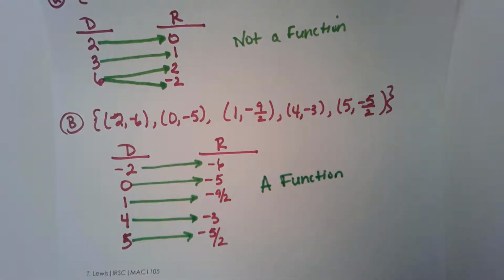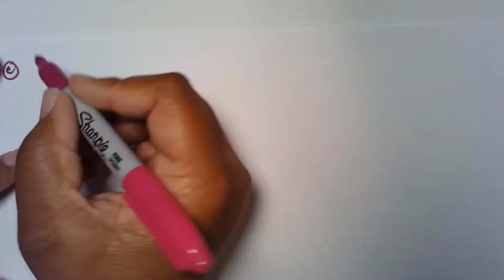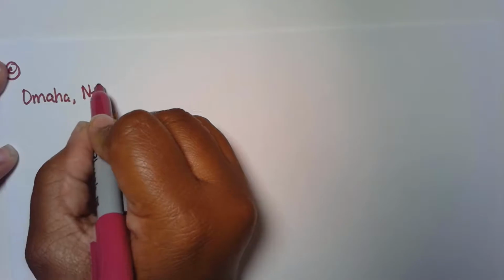Let's do one more example on this here. Here's our relation: Omaha, comma, Nebraska.